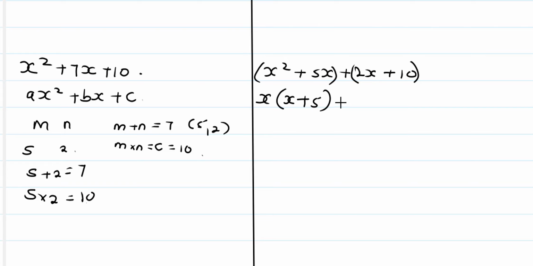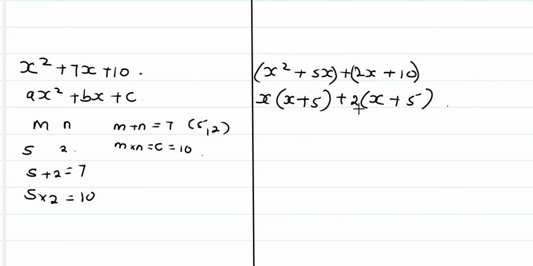Then I have 2x and 10. 10 doesn't have x, so any number which when multiplied by 2 gives me 10 would be 5. So I take 2 outside, then in brackets I remain with x, because 2 multiplied by x is 2x, plus 5, because 2 multiplied by 5 is 10.